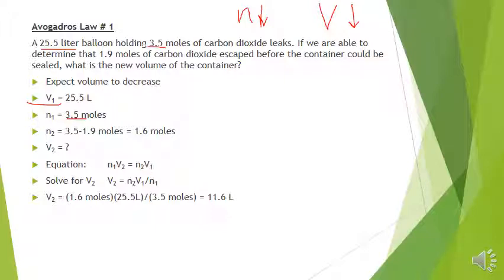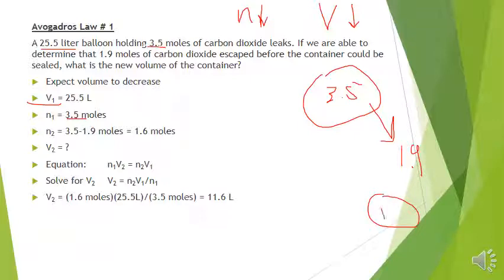Now the balloon leaks, so it starts out at 3.5, and then it leaks 1.9, so when you get done, it only has 1.6 moles. What happens to the volume? Well, you can tell it got smaller. It's like letting air out of a balloon, and in fact, it is. That's what the problem says.